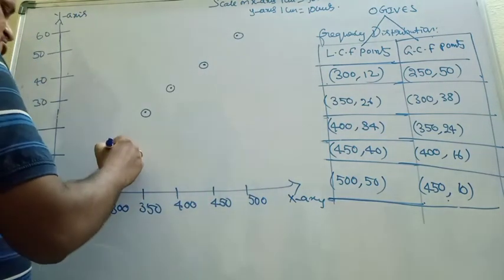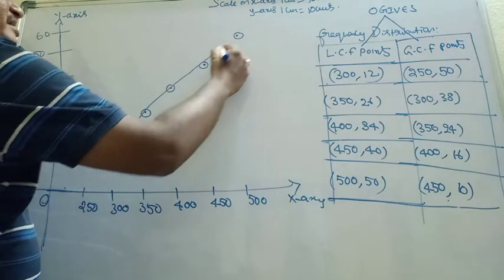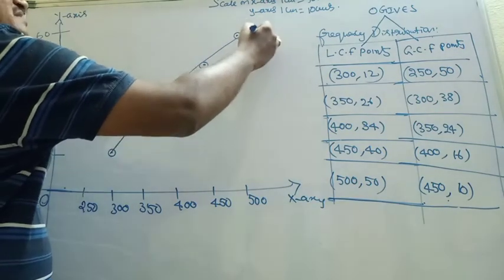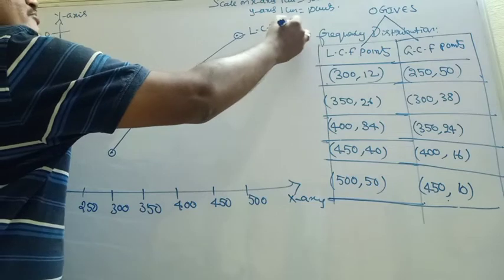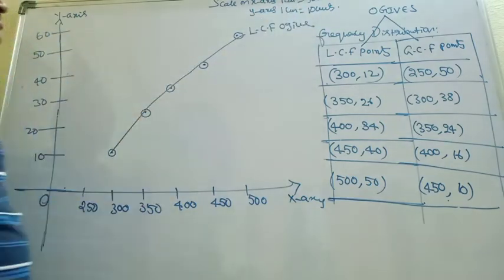If you join these, you get a rising curve. This is what you call the LCF Ogive. Very nice, my dear students.